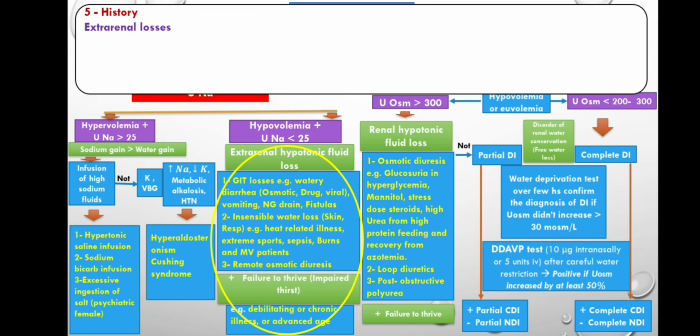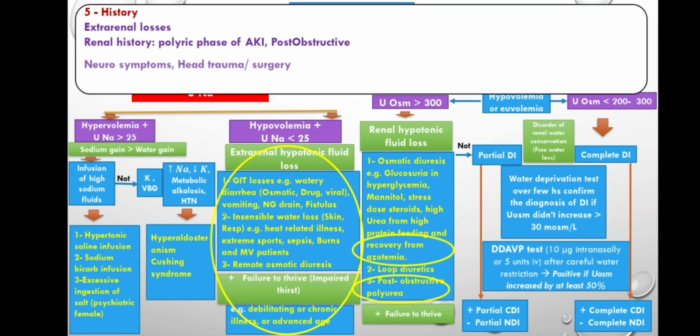Is he taking any diuretics before? Is the patient of old age, with debilitating illness, any renal history of polyuria, indicating acute kidney injury or post-obstructive polyuria, recovery from azotemia? And is there any neurological symptom like head trauma or surgery indicating central DI?